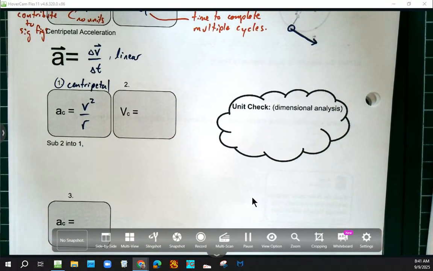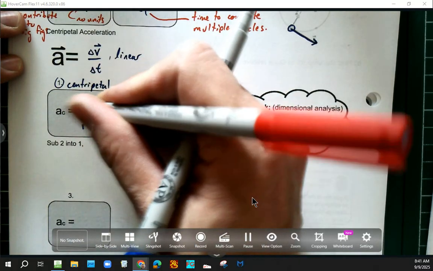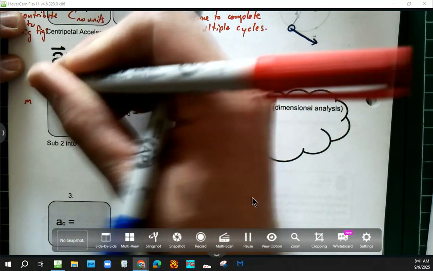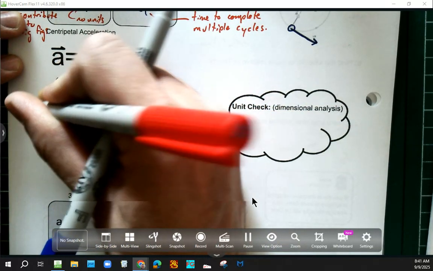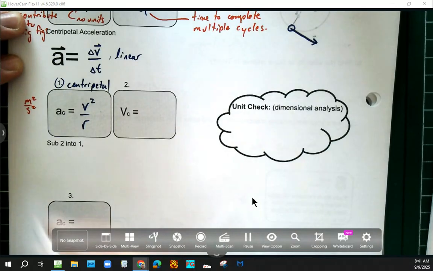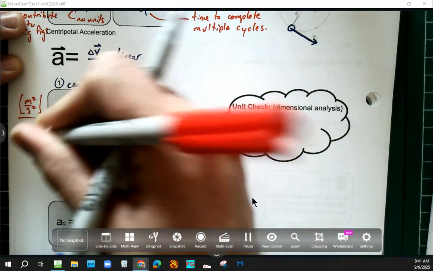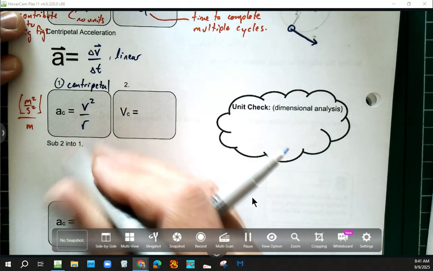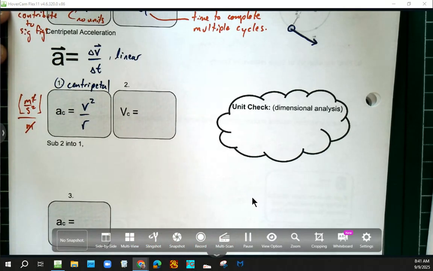And if you wanted some idea that this really is the case, if I take a look at the units, remember it's meters per second, but meters per second squared becomes meters squared per second squared. And then if we divide those units by meters, which is from the radius, then the squared would cancel and the meters would cancel, and we would get units of meters per second squared.